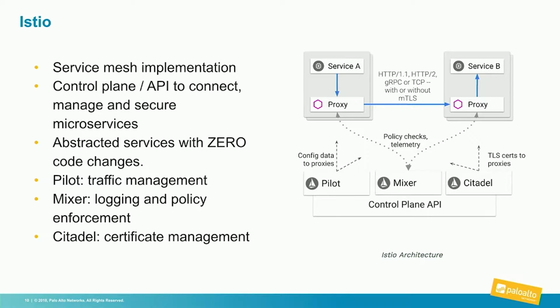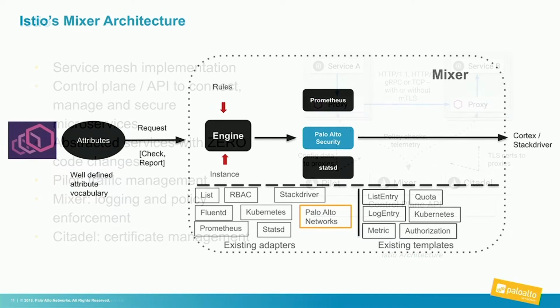This is what allows you to connect your services and do traffic management, load balancing, service discovery, et cetera. And Citadel allows you to distribute certificates to make sure that your applications are authenticated and also use the necessary encryption. So having said that, let's get into what the services provided by Mixer are and how we can leverage that to provide deep security for all your applications running on Kubernetes with Istio.